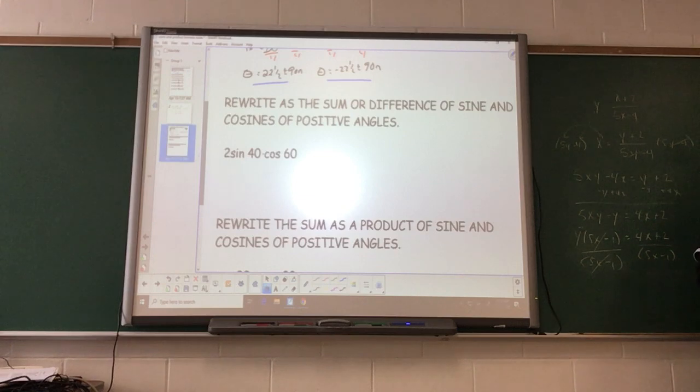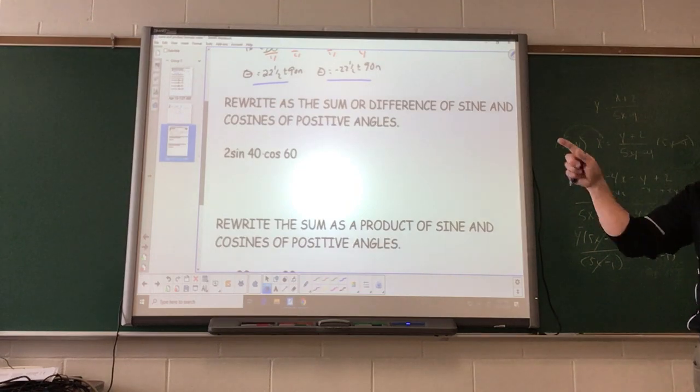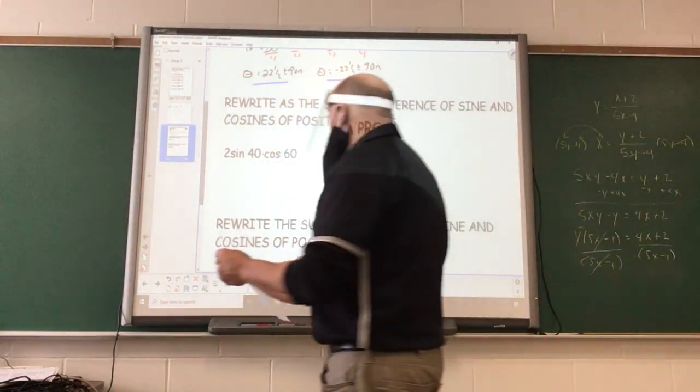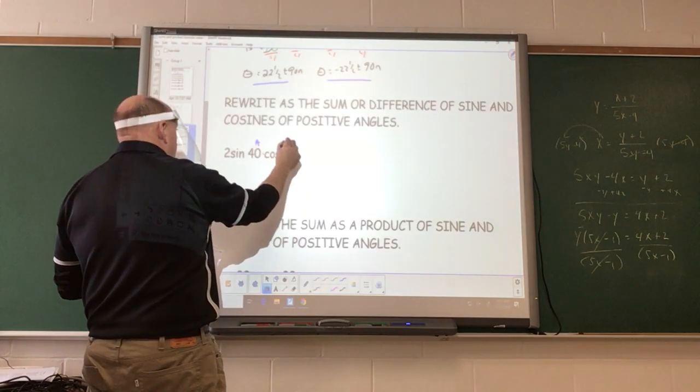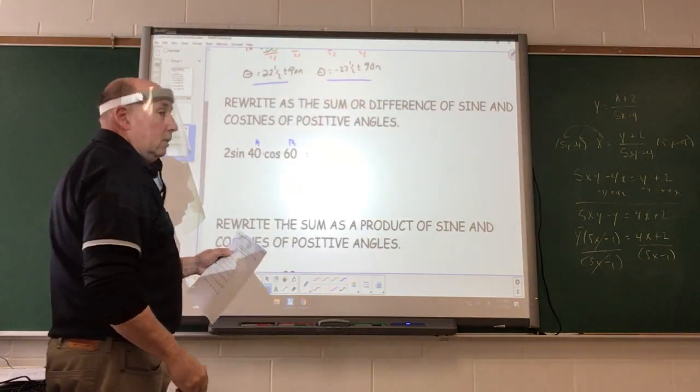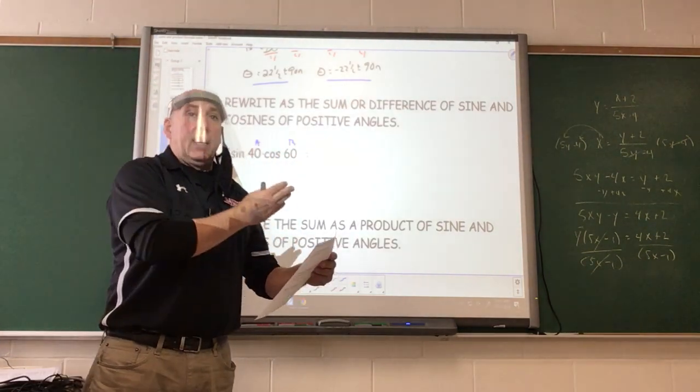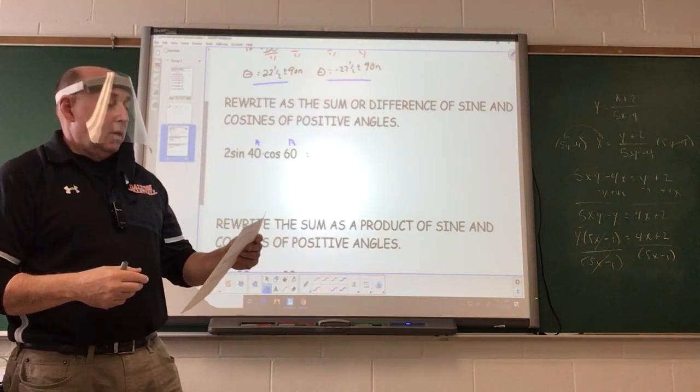Sine A plus B plus the sine of A minus B. Yeah, the very first one. If you look at the very first one on the right hand side, it has 2 sine A cosine B. That's what we have here. Here's my A. Here's my B. So let's take it back to the left hand side.